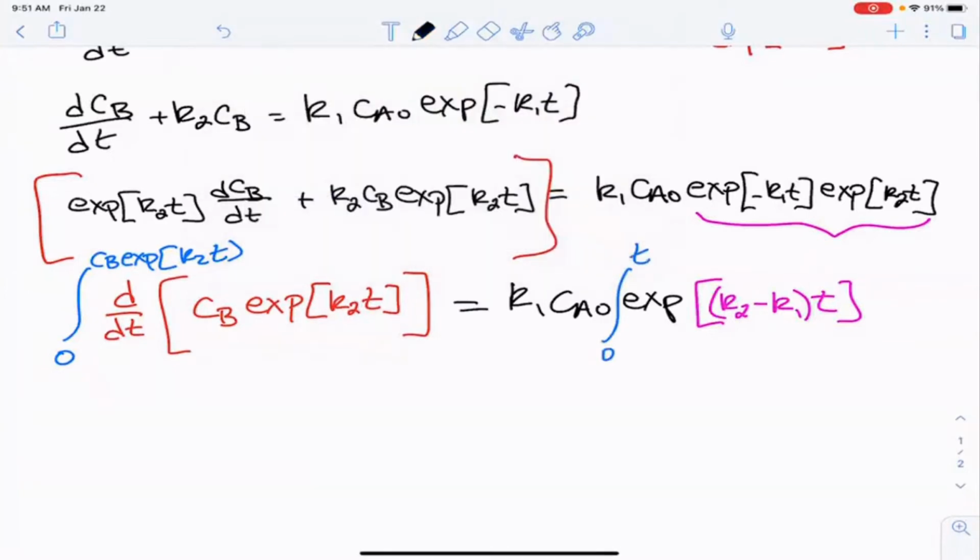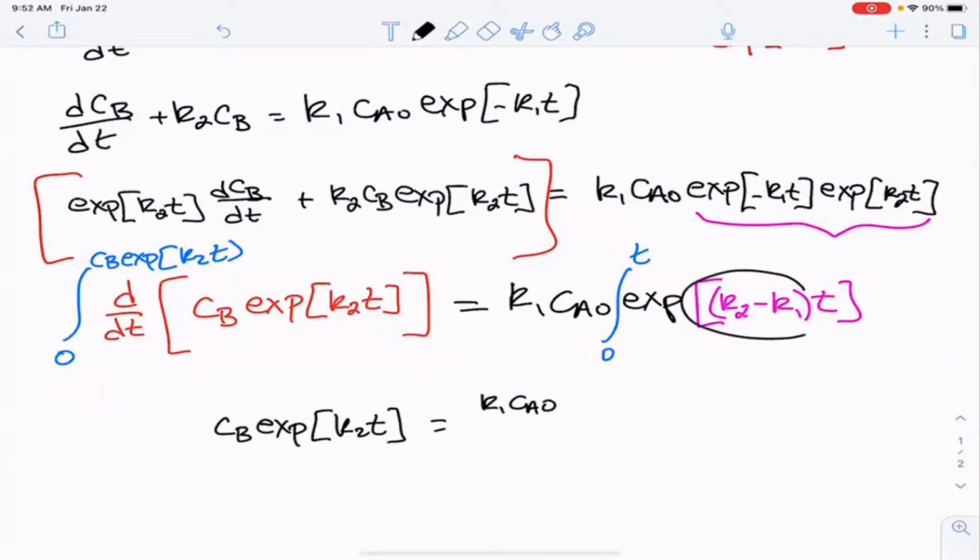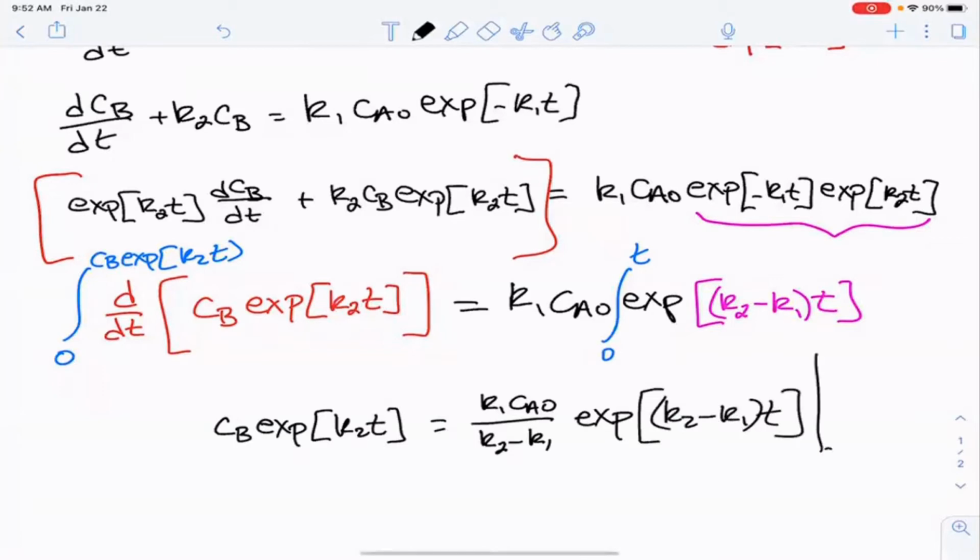If we do that, we find that CB times the exponent of k2t is equal to k1 times CA0. When we integrate this term, we get 1 over that coefficient, so it's divided by k2 minus k1, times the exponent of k2 minus k1 times t, evaluated from 0 to t.